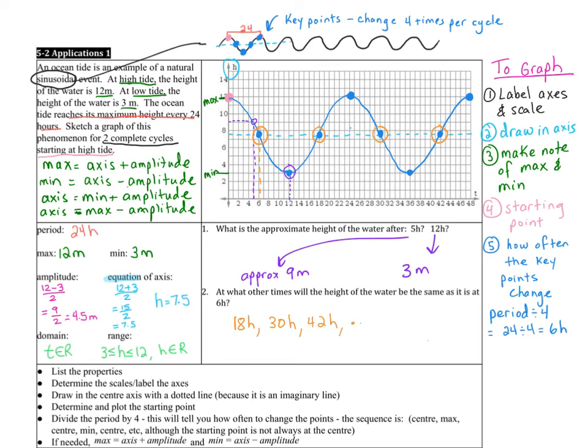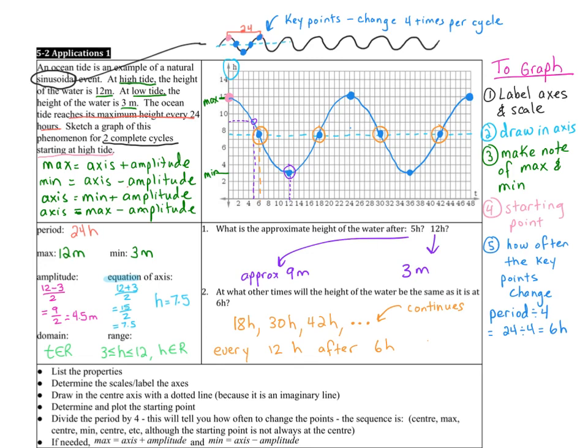And then what you want to do is put dot, dot, dot, and the dot, dot, dot means it continues. Or what you can do is you can say every 12 hours after 6 hours. So it's starting at 6 hours and it's every 12 hours after.